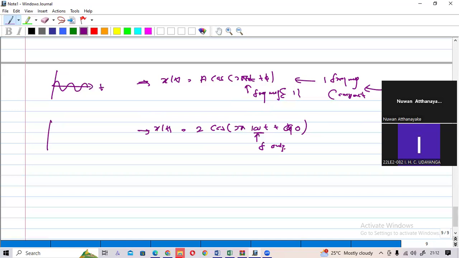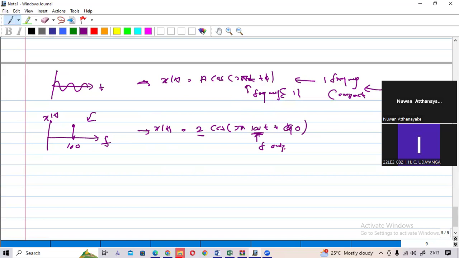If you draw the voltage with respect to frequency of this signal, you will have only one frequency. The frequency is 100. What is the amplitude? That is 2. So this kind of signal you will see.